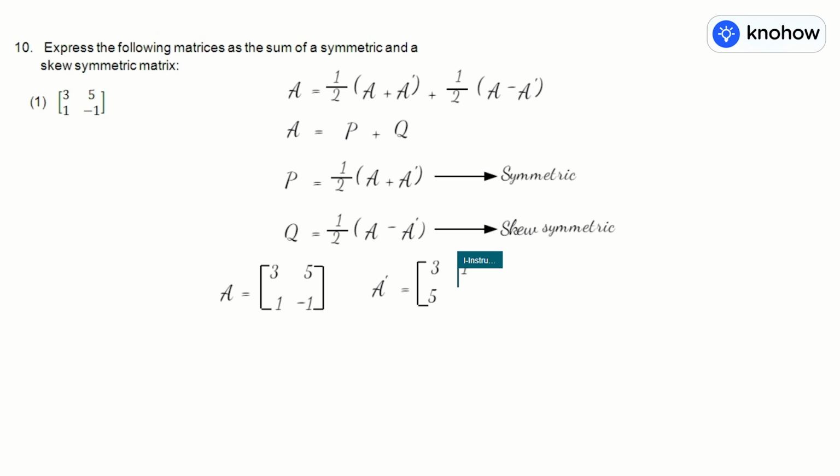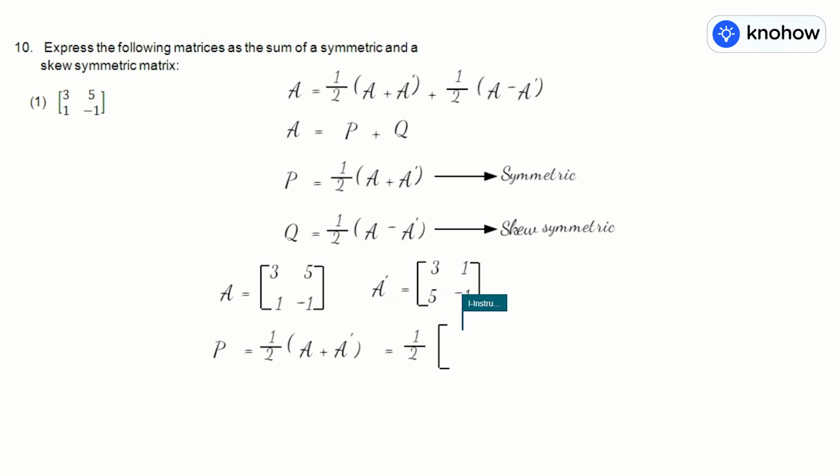This is A dash. And now work out half times (A plus A dash) and call it P. So P equal to half (A plus A dash). Half as such, you just take the sum of A and A dash.